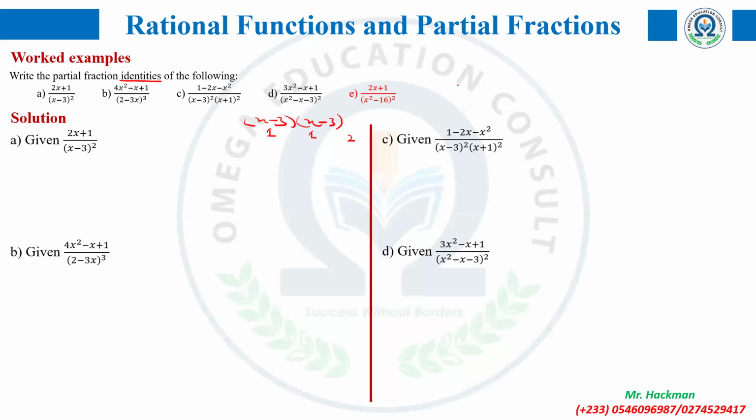Mr. Hackman, please. I wanted to ask, you said the degree of the denominator is 2. Yes. But then this is also linear. Come again. In the previous examples, the x plus 1, we said it was linear.